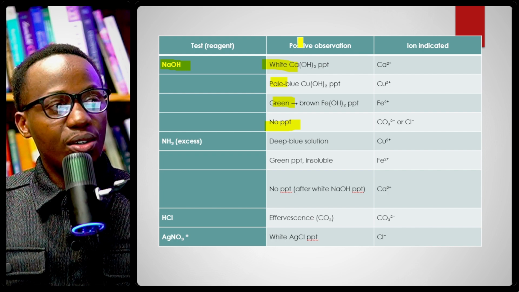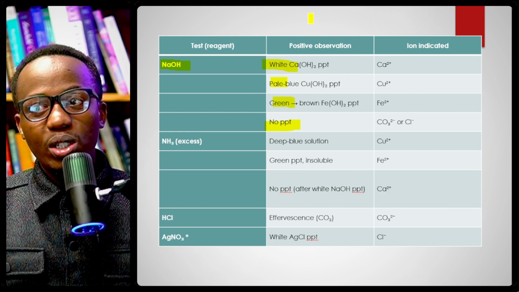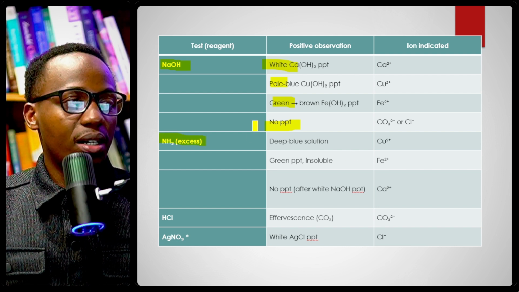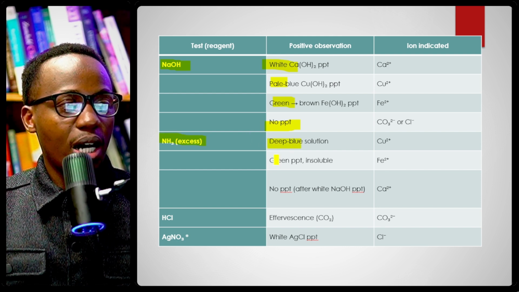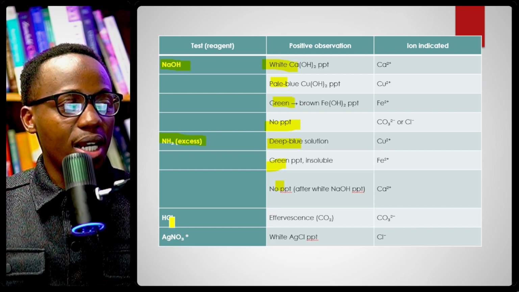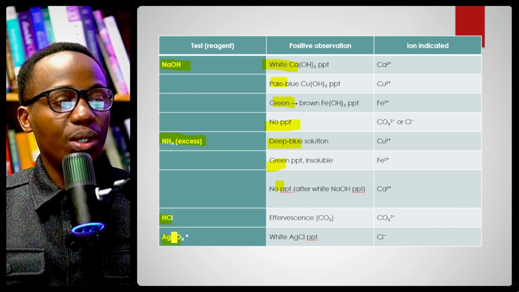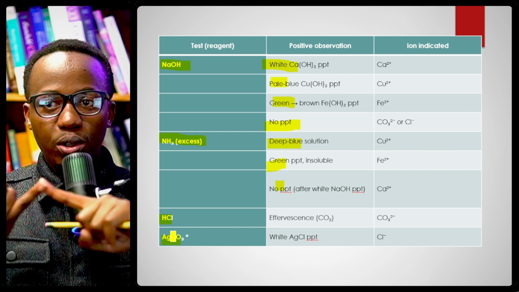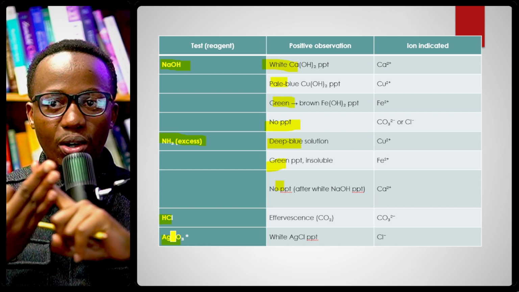Again, don't worry about this observation. You're going to write down your own observations. NH3, ammonia, same thing. We're going to use copper, iron, calcium, and unknown. And then for HCl and AgNO3, you're going to be testing your chlorine and carbonate and unknown, right?